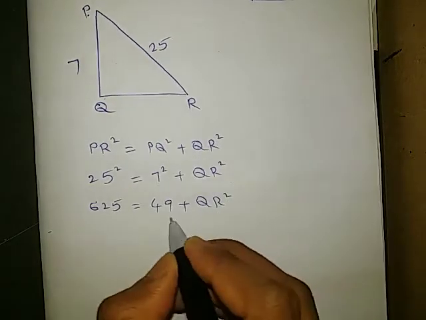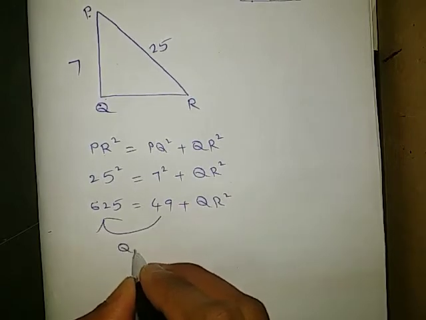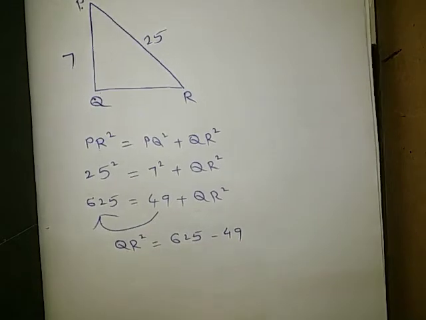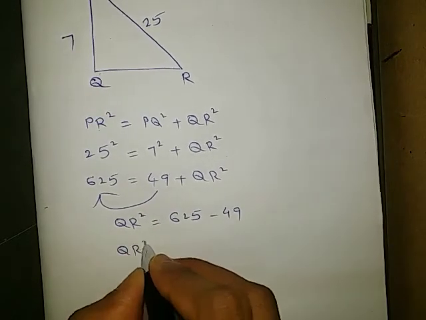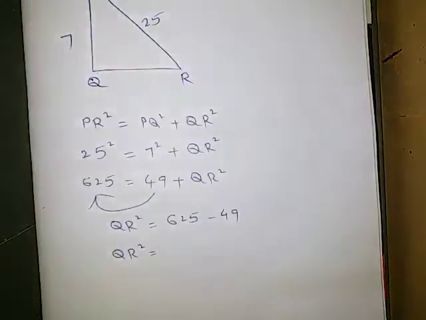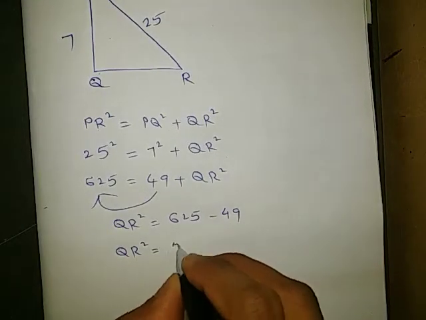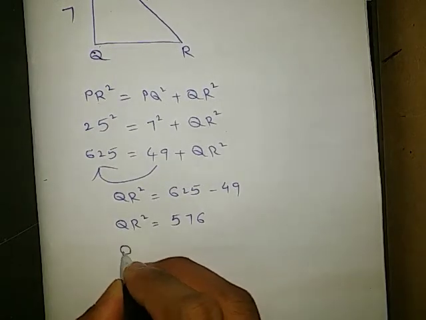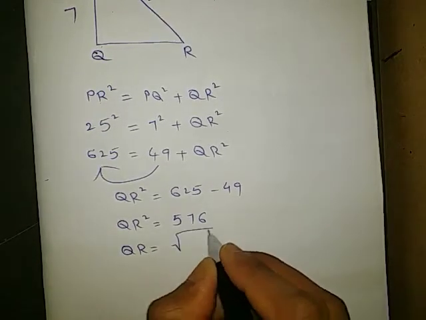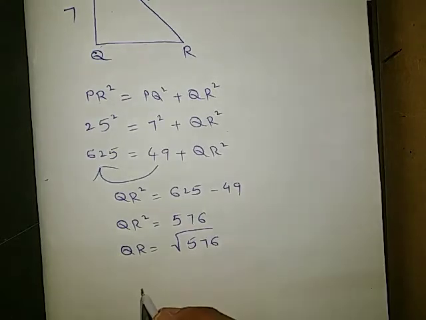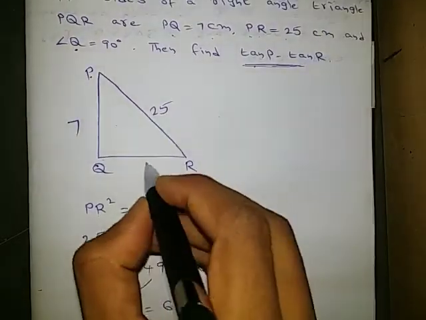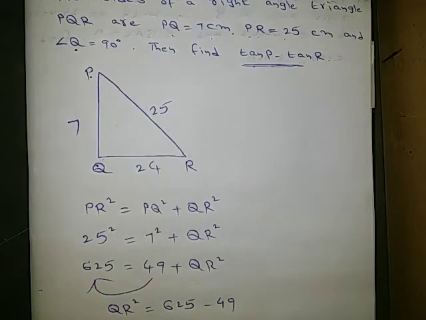Now I want QR square, so take 49 to this side. So QR square is equal to 625 minus 49, which is nothing but 576. So QR square is 576. Then QR is equal to under root 576, that is nothing but 24 centimeters. So we got the QR value as 24.